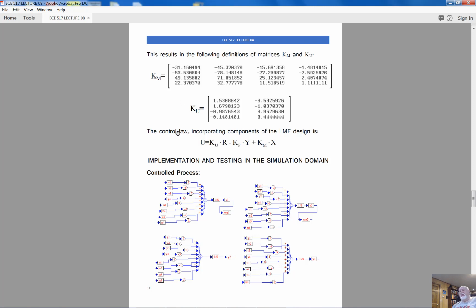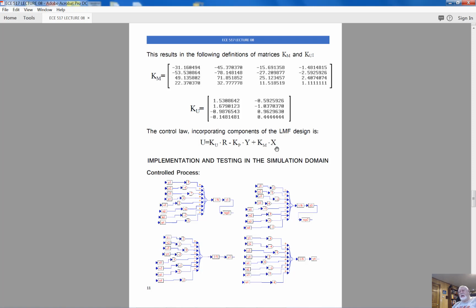And now it's time to talk about the control law that incorporates components of the linear model following system. Control law is this. The control effort applied to the control plant is equal to matrix Ku times the reference vector minus state variable feedback, it is Kp times y, and plus matrix Km multiplied by state vector of the reference model.